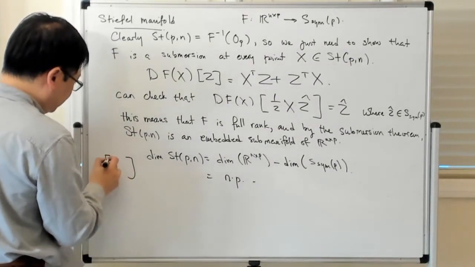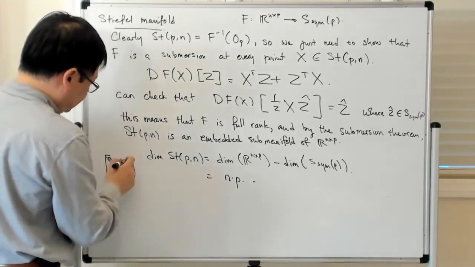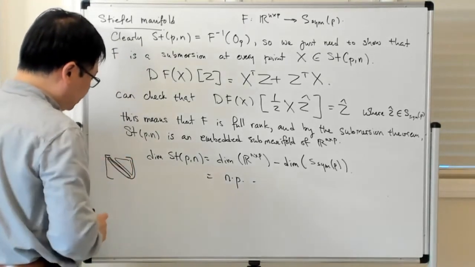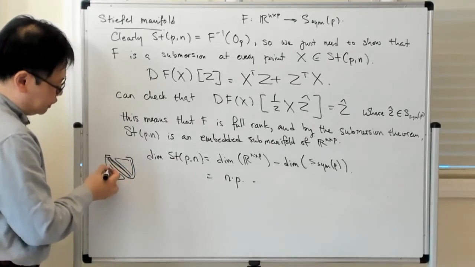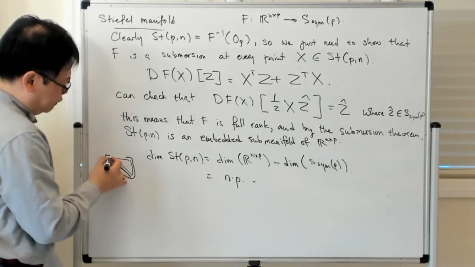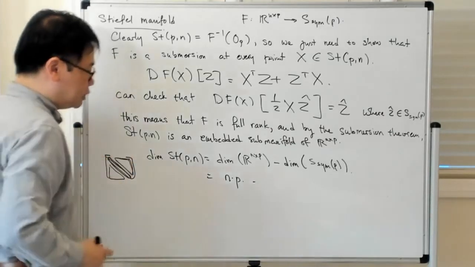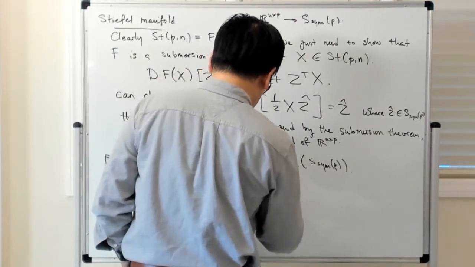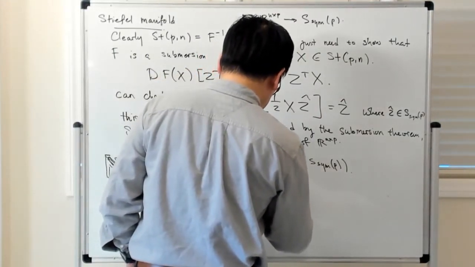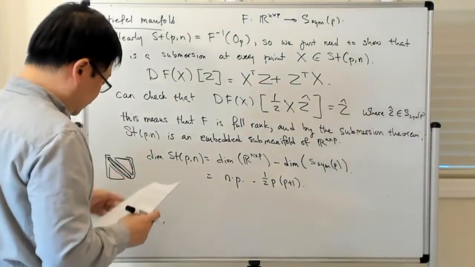If you have a P by P symmetric matrix, the diagonal is free, and then you have the upper triangular part. If you specify those two, then by symmetry you get the lower triangular part. So the only freedom you have is the diagonal entries and the upper triangular pieces, and that has dimension 1/2 P times P plus 1. You can check that easily. So that's the dimension of the Stiefel manifold.